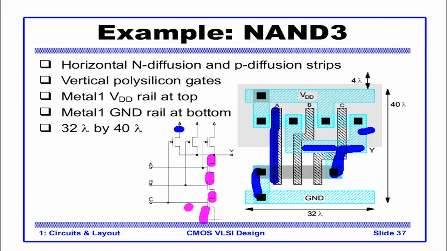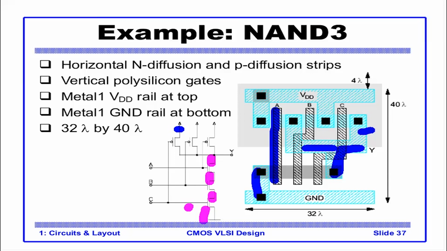And this 4 lambda is nothing but a design rule, an example of a design rule which says that there should be a spacing of 4 lambda from the other rule. These design rules are just examples. They are different depending on different technologies.